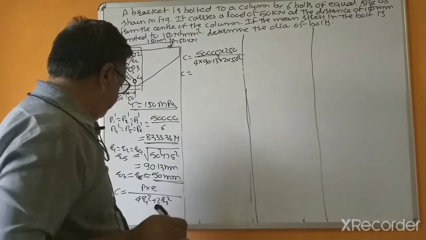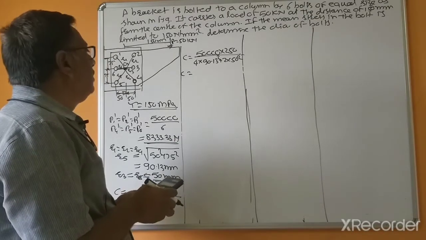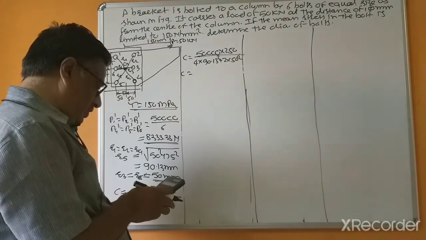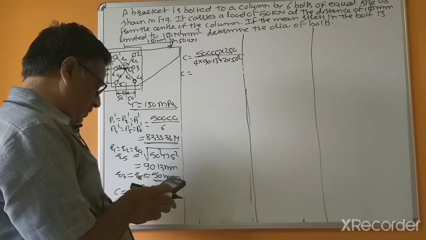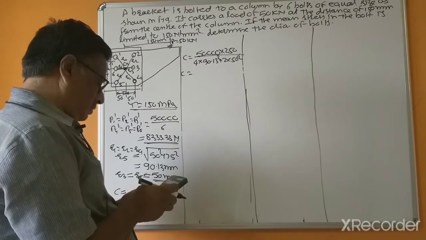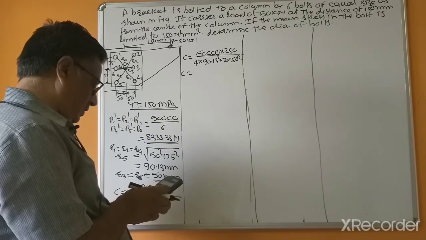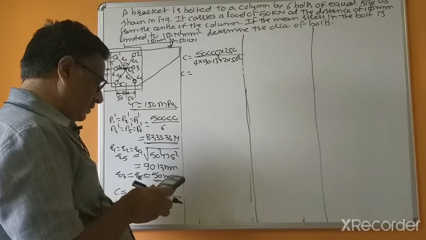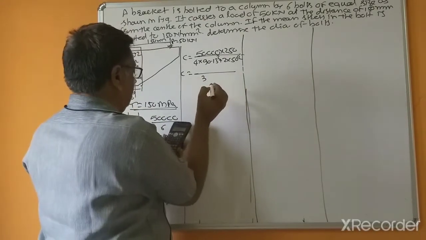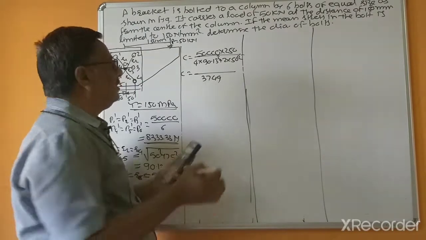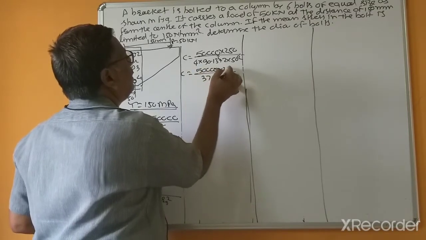C equal to 90.13 square multiplied by 4 plus 2 into 50 square equal to, this is 37,493, and this is 50,000 multiplied by 250.